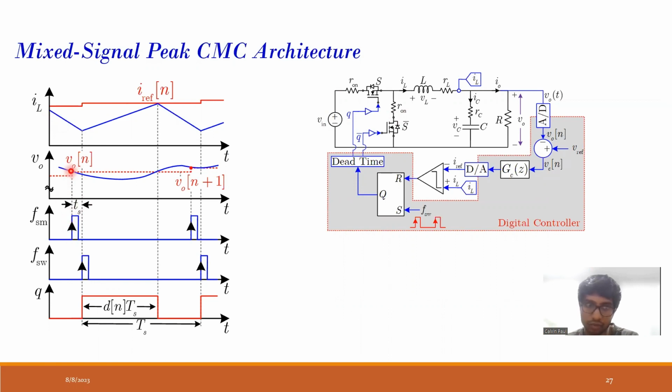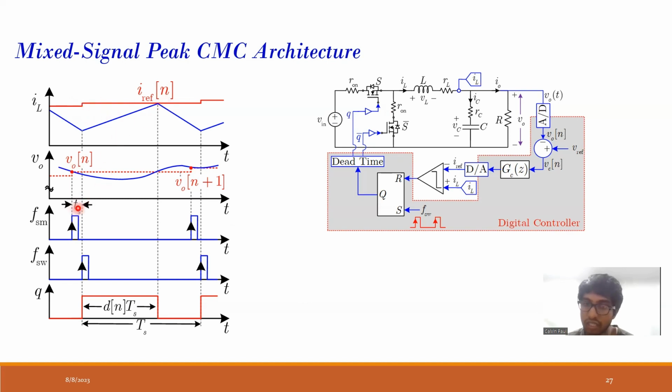Then there's a delay of the ADC, and the delay of the controller to compute the new updated value I will also consider. And after this delay of TS, then only my reference value gets updated.